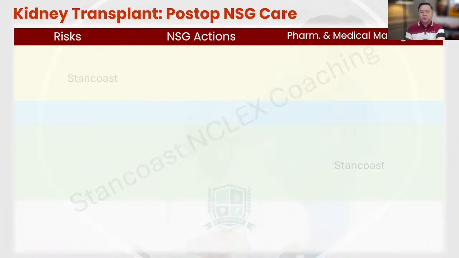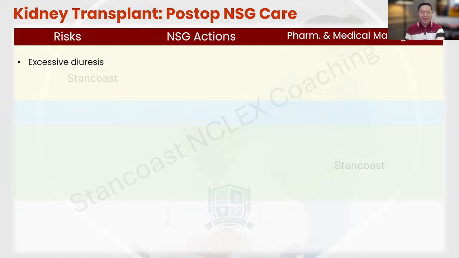Now, at this point, we're going to have to also keep an eye on excessive diuresis. So extremes are not good, right? So at this point, if there is excessive urination, polyuria, I'm talking about 4 liters, 5 liters in a 24-hour period. That is way too much fluid out from the system.